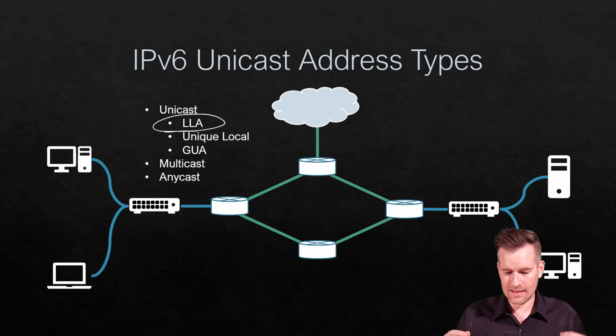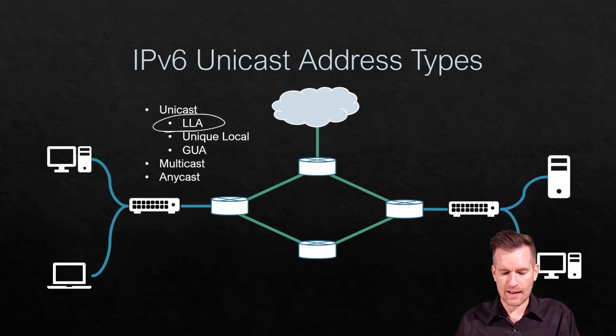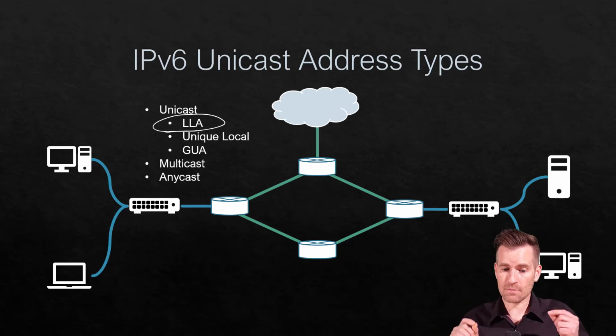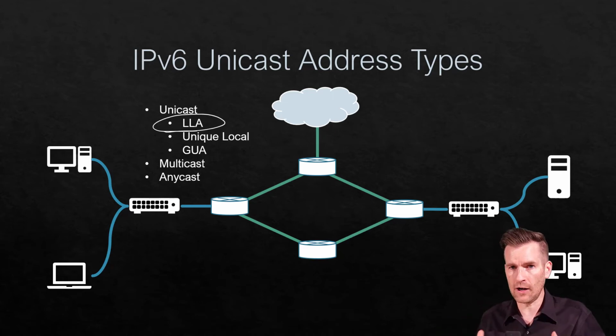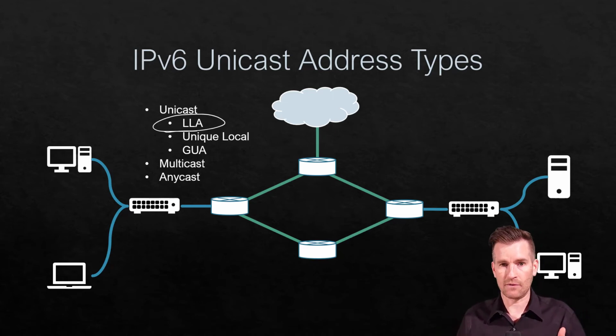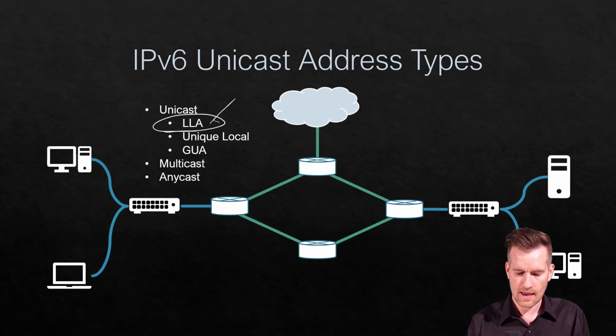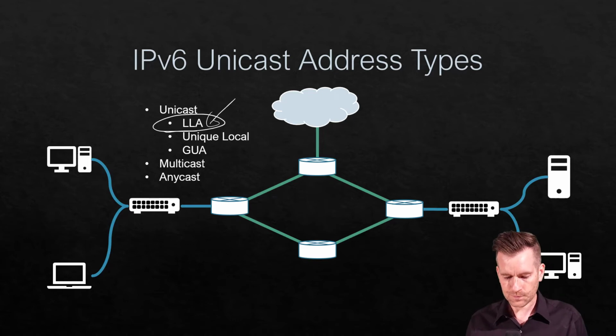That is the IPv4 equivalent of the link local address. It's an IP version 6 link local address, but in IP version 6, they're much more important. They play a very critical role with IP version 6 addressing.